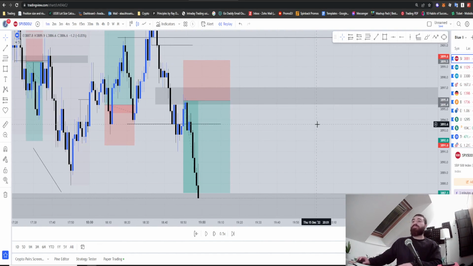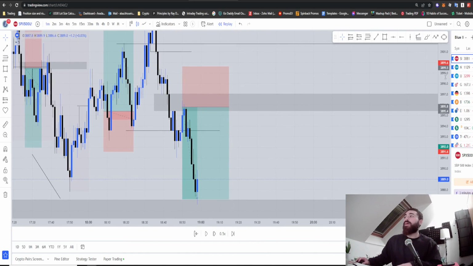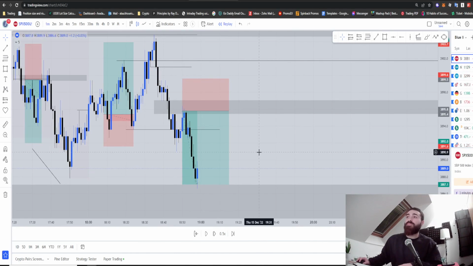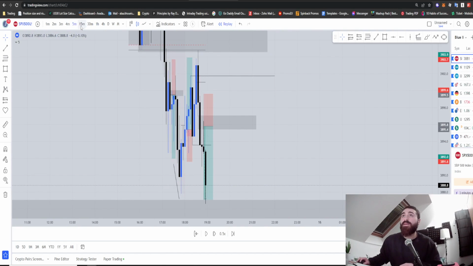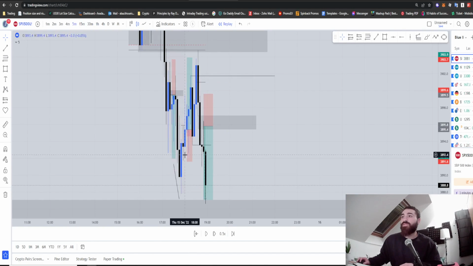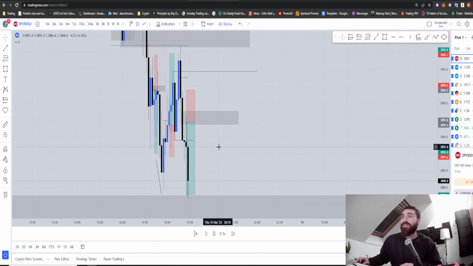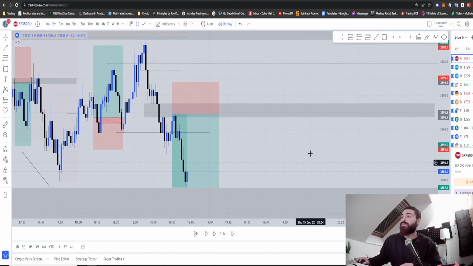And this played out very nicely because of the time of the day, and because of the impulsive move. It was very impulsive. We have a 15 minutes liquidity grab, a 5 minutes break of structure right here, and we have a nice retest of the fair value gap. This is how everything played out basically.